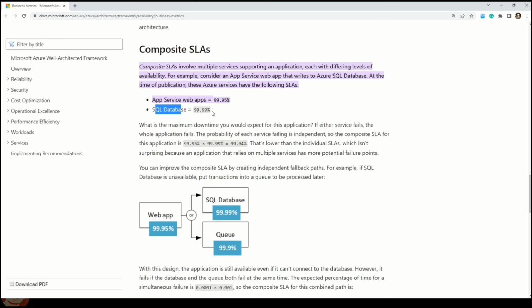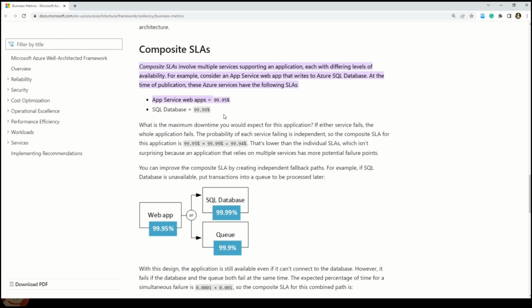Now let's see how a composite SLA is calculated for all the services in your solution. What you simply have to do is multiply the SLAs of all your services, which is shown here as well. You can see that Microsoft has multiplied the SLA of the first service, 99.95, and then the SLA of the second service, 99.99, which gives us 99.94%.